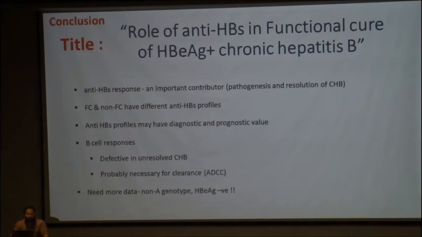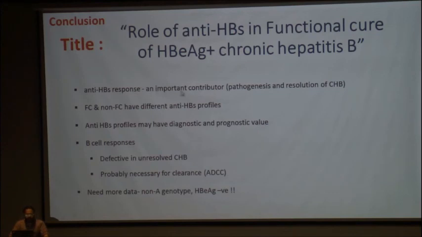Now we read the title again so that we understand the content: the role of anti-HBs in achieving functional cure of HBeAg positive chronic hepatitis B. Anti-HBs has a significant role by itself and also in augmenting the cytotoxic cells.